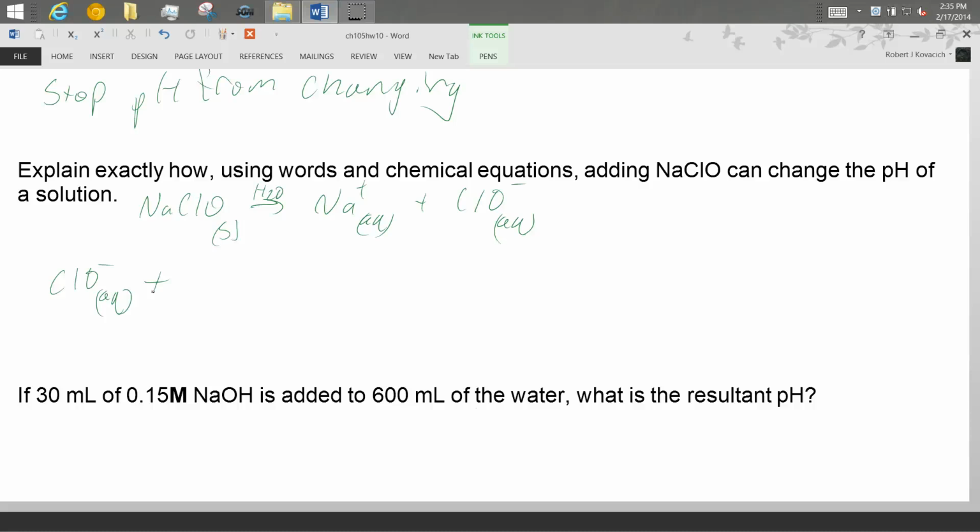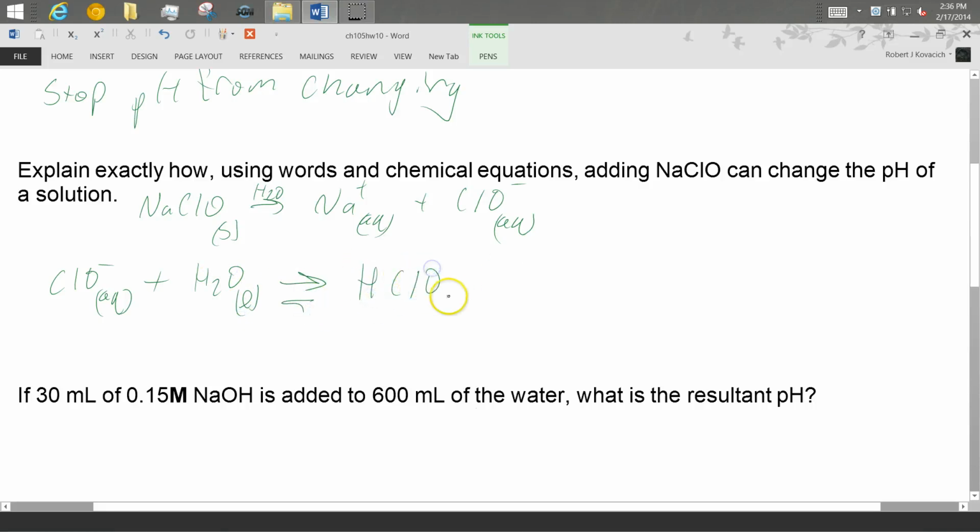So it's in water, so where's it getting its hydrogen from? From the water molecule. And when that occurs, I get hypochlorous acid and hydroxide ions. So how does this change the pH? Goes up, right? I added hydroxide to it, basically. The hypochlorite made the pH rise. So pH is going to go up.